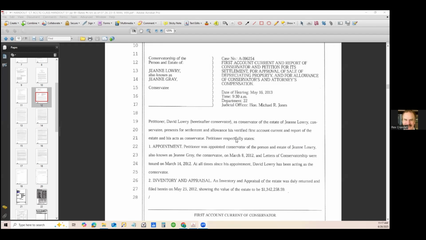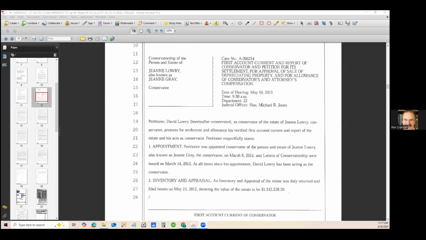Then petitioner respectfully states, and here's the information that you must state. Number one, appointment. So this petitioner was appointed on this date. Remember, this is the same date right here. Again, order. This is referring to the order, not necessarily when letters were issued.